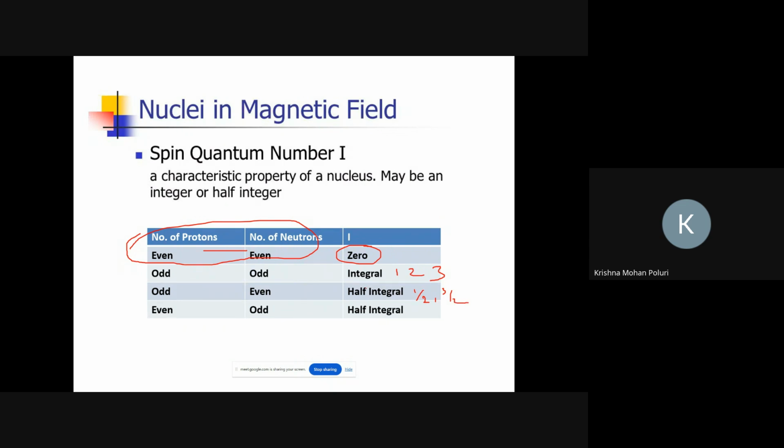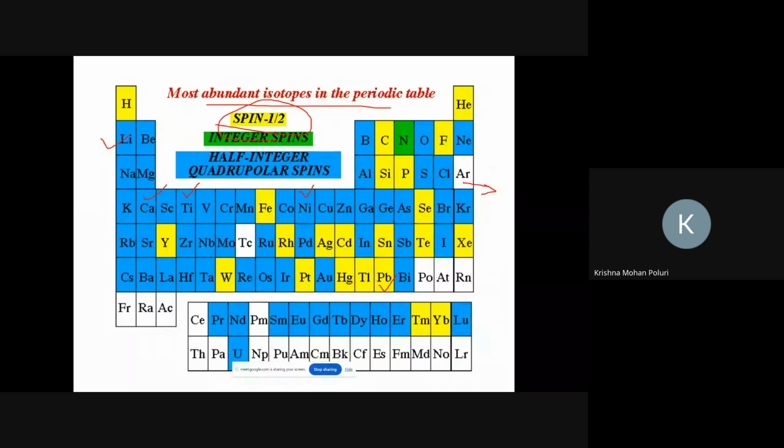Now, even if something is 0, I will give you a simple example: take carbon. Carbon is C-12. So 6 plus 6, it is 0. But I put carbon in yellow, the reason being, if one carbon is 0, I can use something called C-13, which is called the isotope.